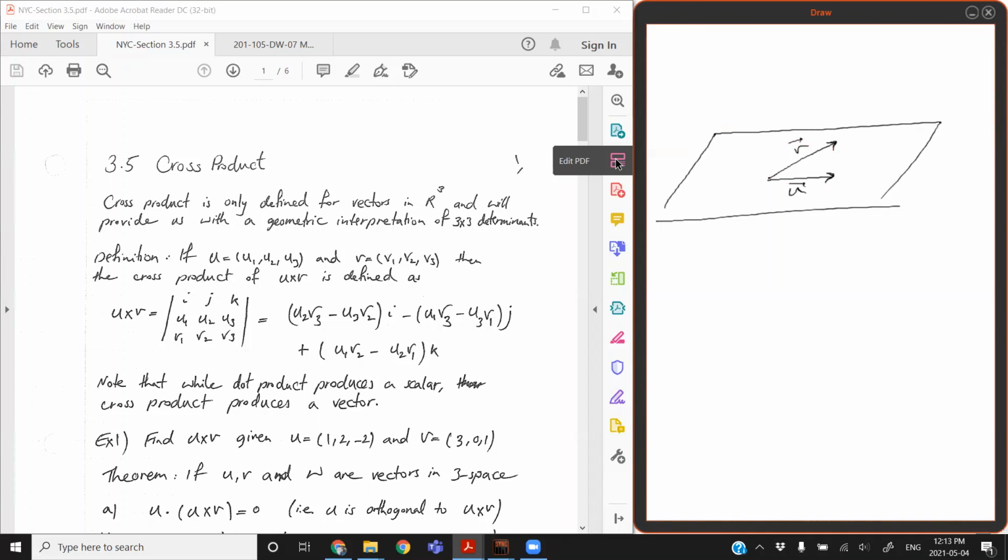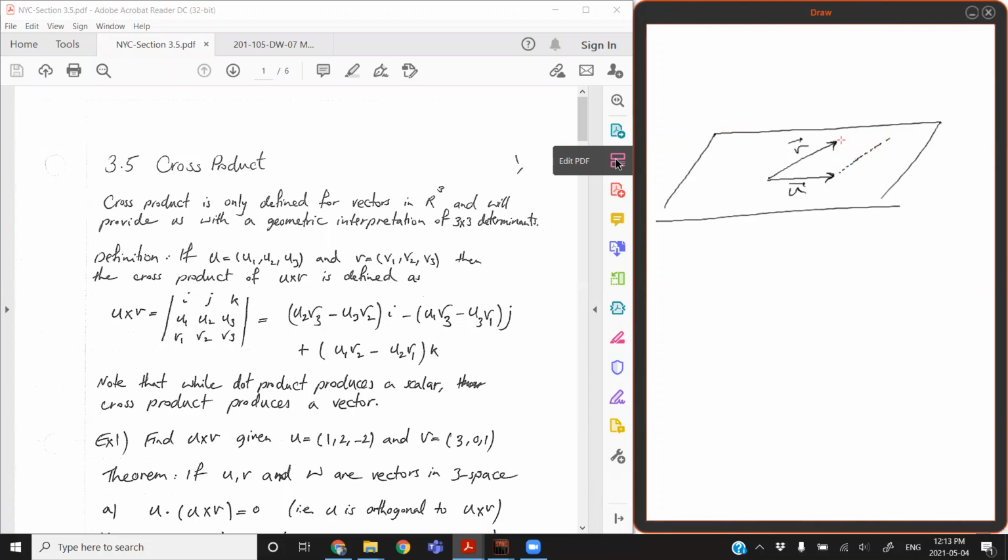So this operation, the cross product, is going to enable us to find a vector that is orthogonal to both these vectors, and the length of that is going to be the same as the area of this parallelogram that is determined by these two vectors.